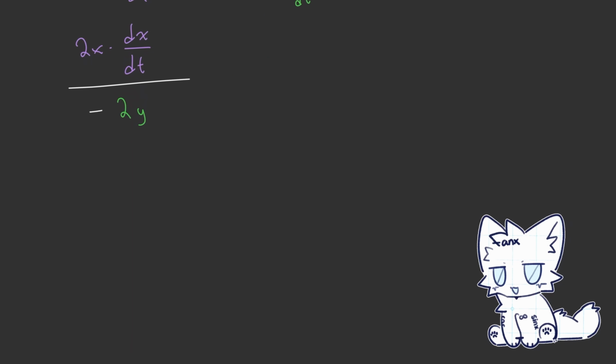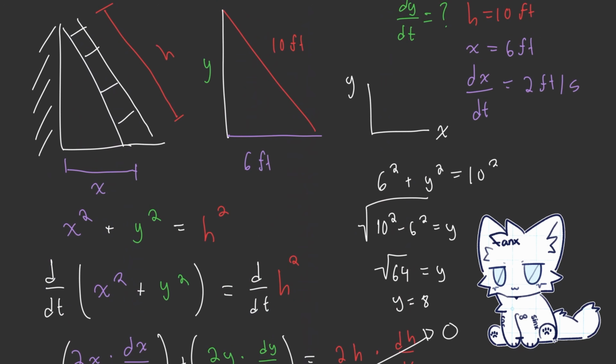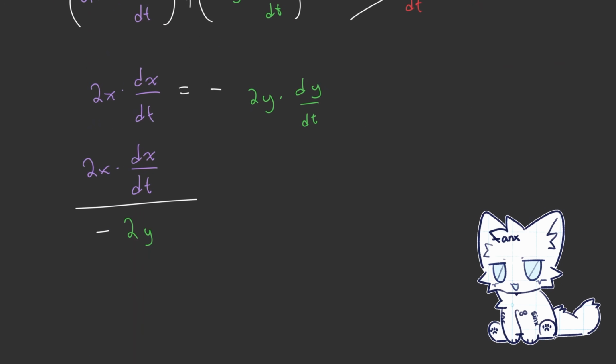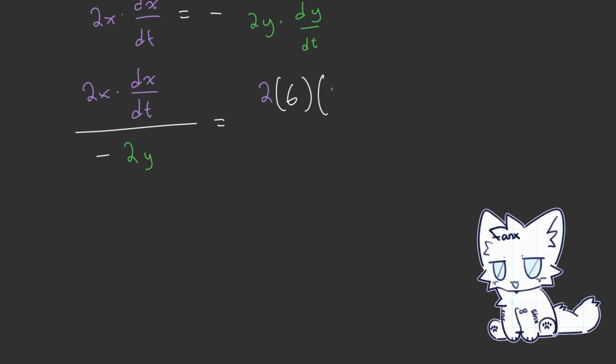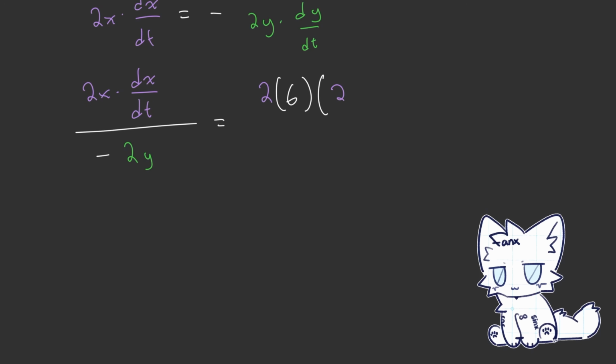Now we have everything. So what is our x again? Our x is 6 feet, and the change in x in respect to time is 2 feet per second. So rewriting this, plugging in everything after we're finished, this would be 2 times 6 times dx dt, which was 2, I believe.